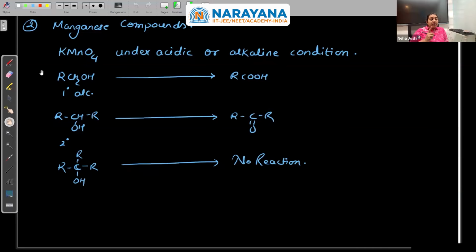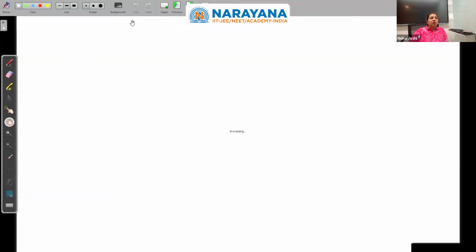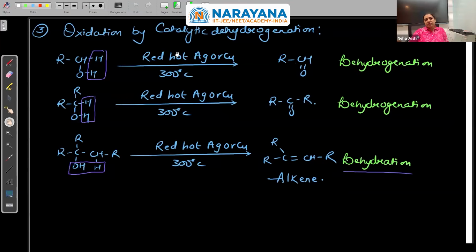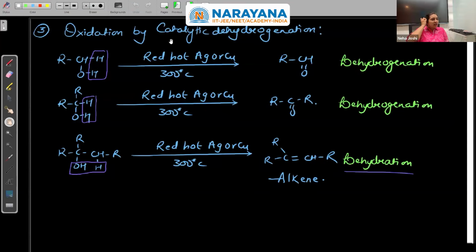But again, if it is acidic KMnO4 and strong heating, then through formation of alkene you can have 3 degree alcohol oxidation. But that is a very specific question-based condition. I cannot generalize that this will always be the case. Sometimes there might not be such hydrogen availability to form an alkene, and then you can't do it.